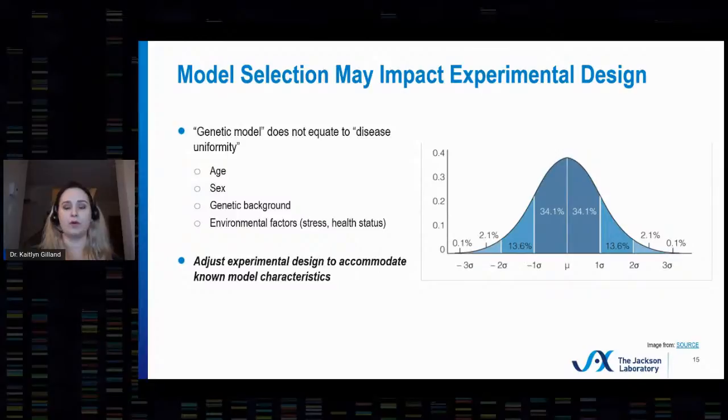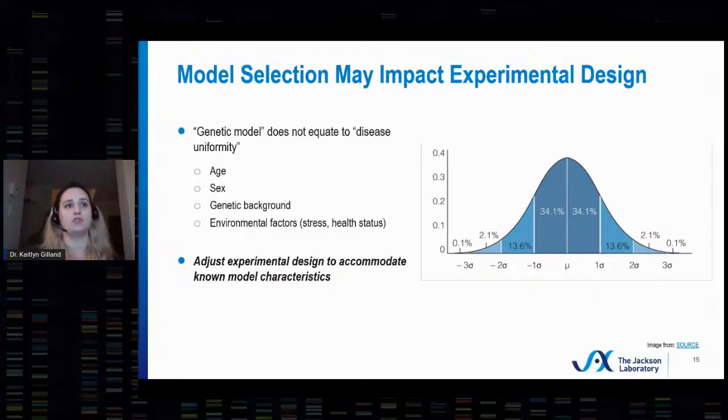And so just remember that a genetic model does not always equate to disease uniformity. Think about this as more of a normal distribution of a phenotype of a disease, and that age, sex, genetic background, as well as environmental factors can impact the phenotype or the disease that you're interested in.